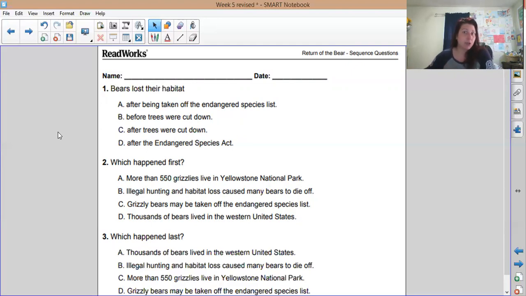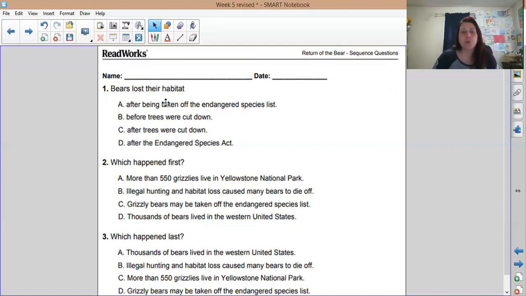When we cut down the trees, that's when we were making room to build on that land, which means that would kind of be pushing them out. So think carefully, eliminate the ones that don't make sense, okay? After the trees were cut down, so after they cut down trees so that they could build on the land, would that make sense? Is that why bears are losing part of their habitat? Or after the Endangered Species Act?